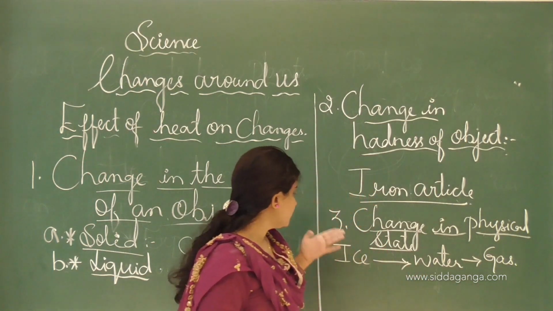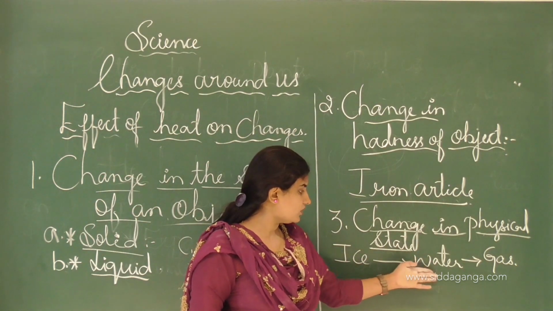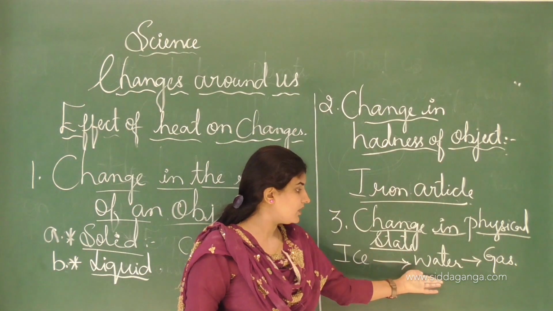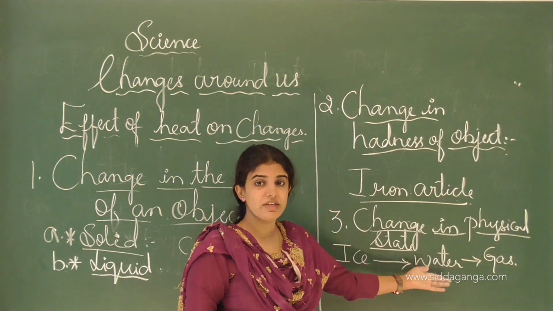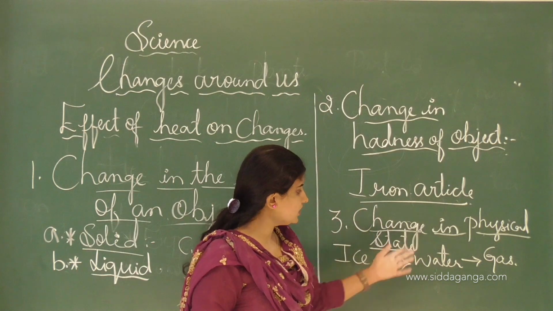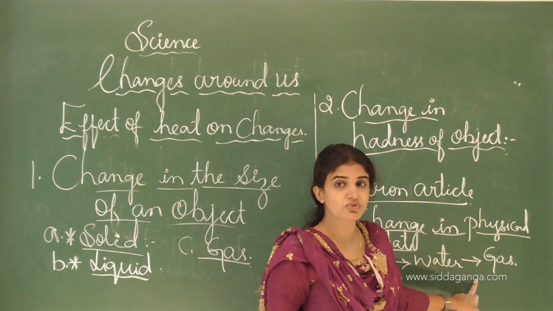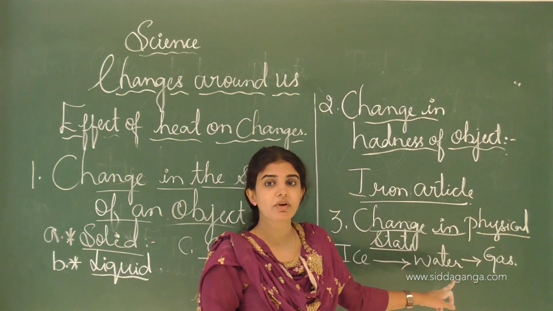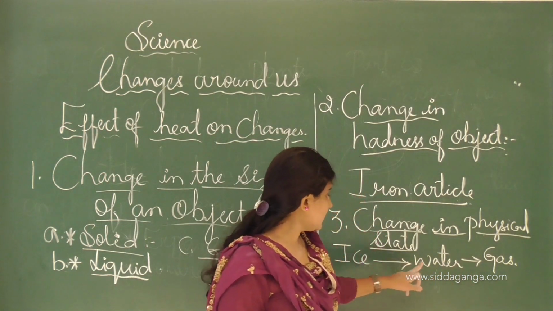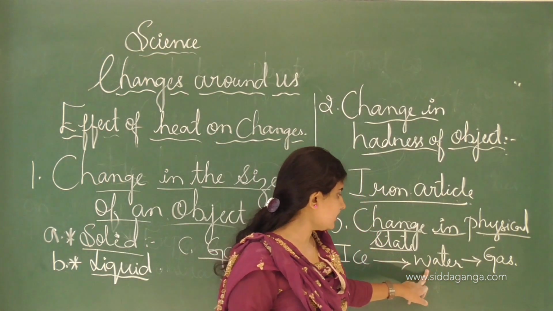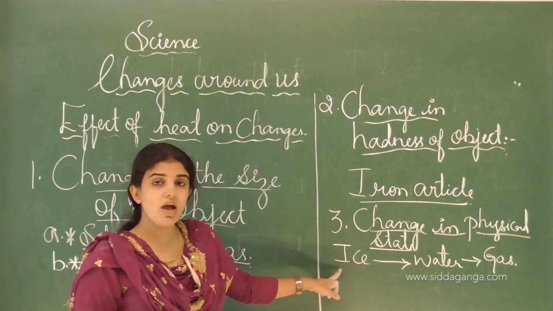On heating, the physical state of ice becomes liquid, and liquid upon heating converts into gases or the gaseous state. And on cooling, the gas is converted into water by the process of condensation, where the water vapors get converted into water on cooling, and if we freeze the water, then again it converts into ice.